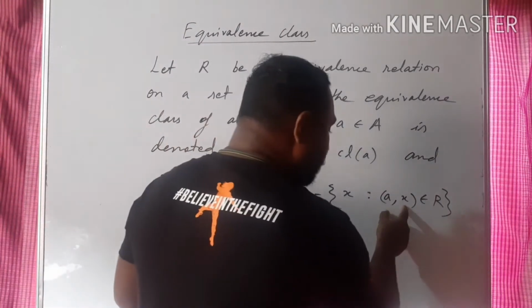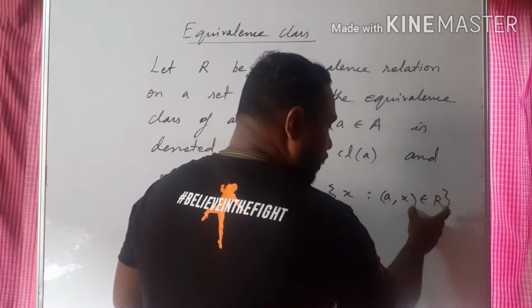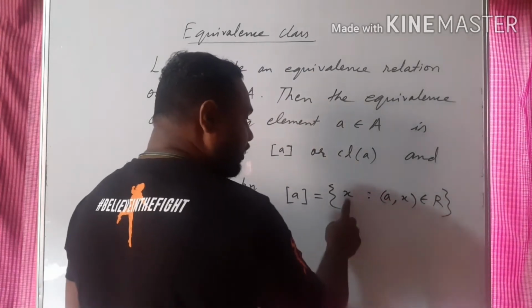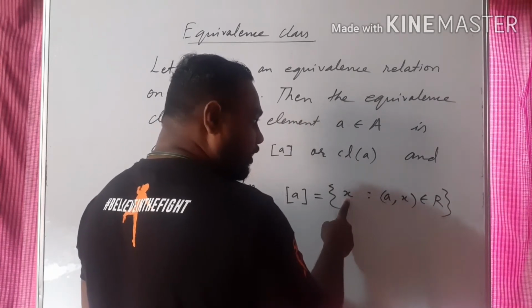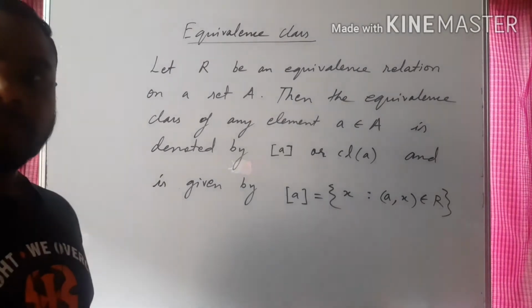If (a, x) is belonging to that relation, then I can write x in that set. So this will be the definition of equivalence class.